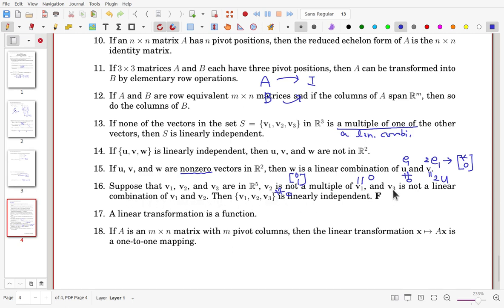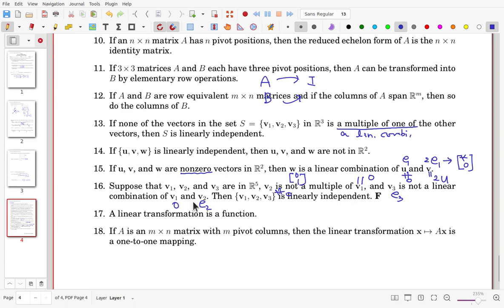For example, here v1 is 0, v2 is e2, and v3 is e3 in R5, then everything is satisfied. e2 is not a multiple of 0. e3 is not a linear combination of 0 and e2.